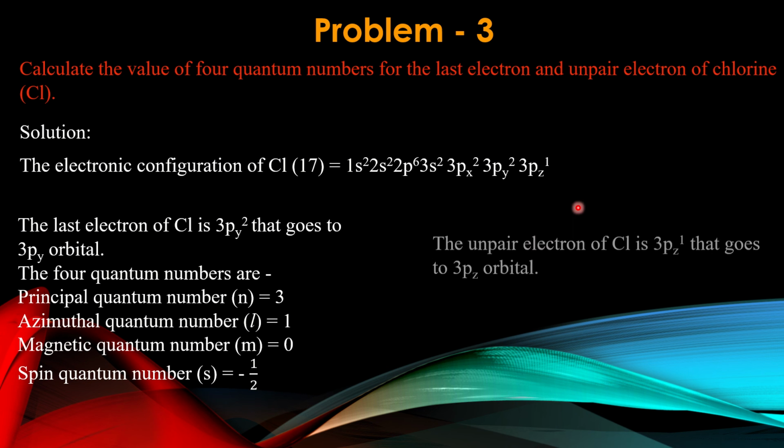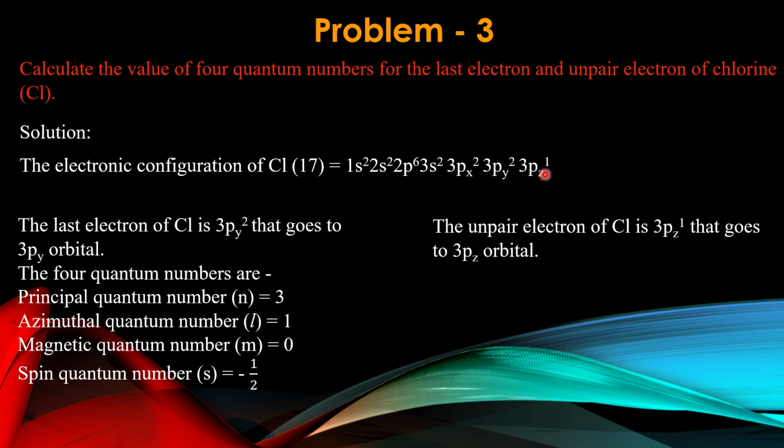In the same way, we can calculate for the unpaired electron of chlorine, that is 3pz1, and that goes to the 3pz orbital. Here also n equals 3, p orbital, so L equals 1. But m is -1, 0, +1. It is the pz orbital, so m equals +1.